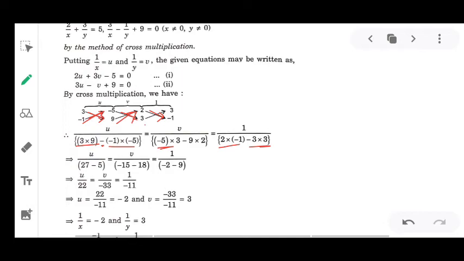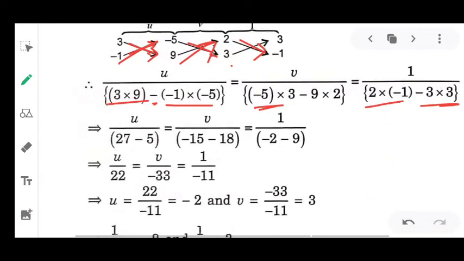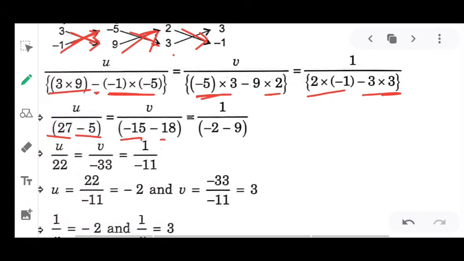Next, 3 into 9 is 27, and -1 into -5 is +5, so 27 minus 5 equals v by -5 into 3 is -15 minus 9 into 2 is 18 equals 1 by 2 into -1 is -2, and -3 into 3 is -9.